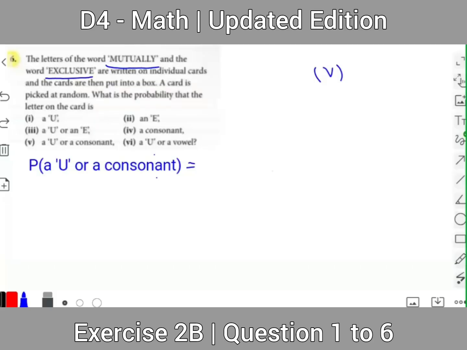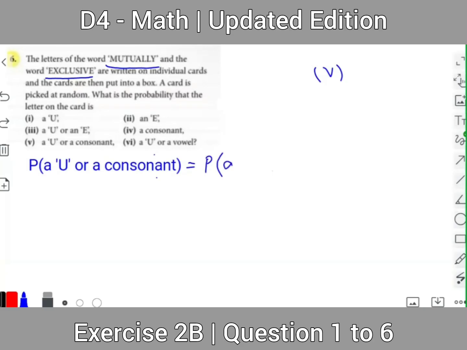Now in part 5, we have to find out the probability that the letter on the card is a consonant or a U. Since we can see that these two events, a U or a consonant, are mutually exclusive, here we will apply the additive law of probabilities.